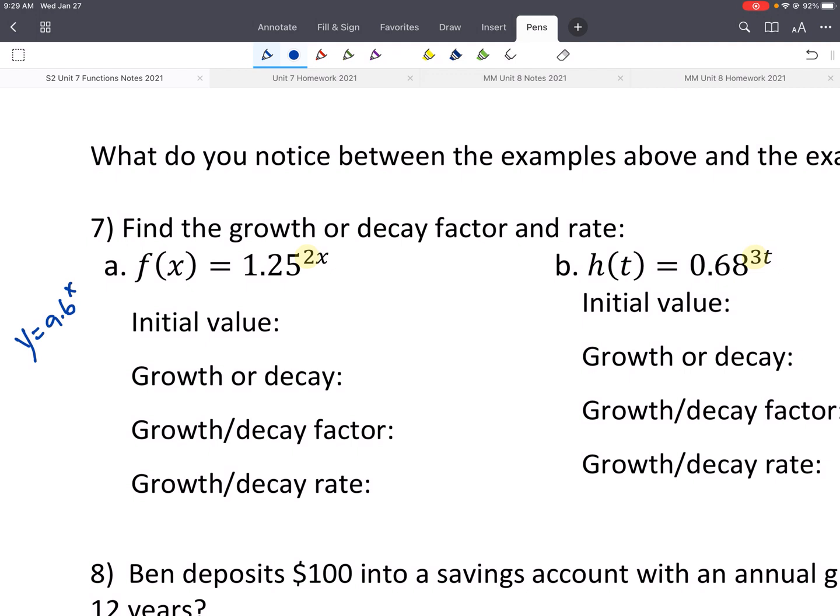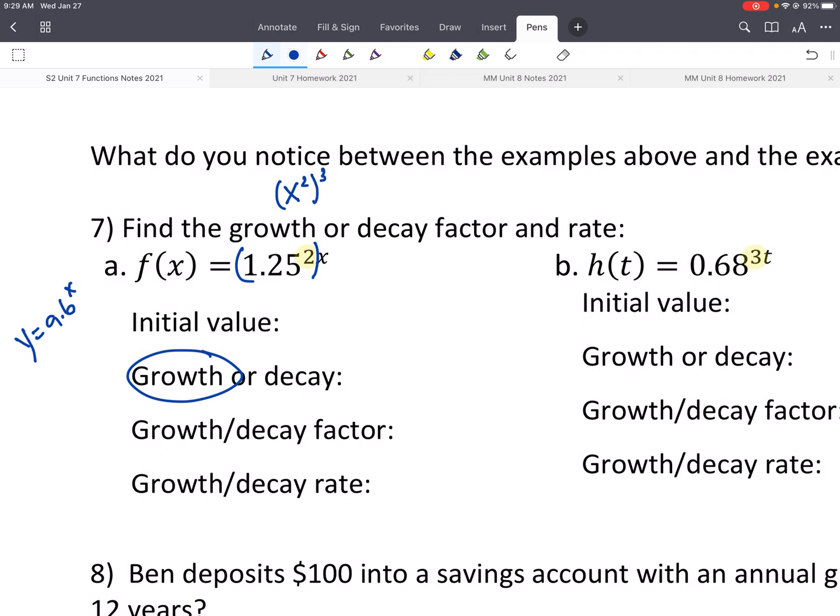our growth factor here, we do have growth, but the growth factor isn't 1.25. Okay, we need to evaluate 1.25 squared. So just like we did with our exponent rules, oftentimes we had something like this.